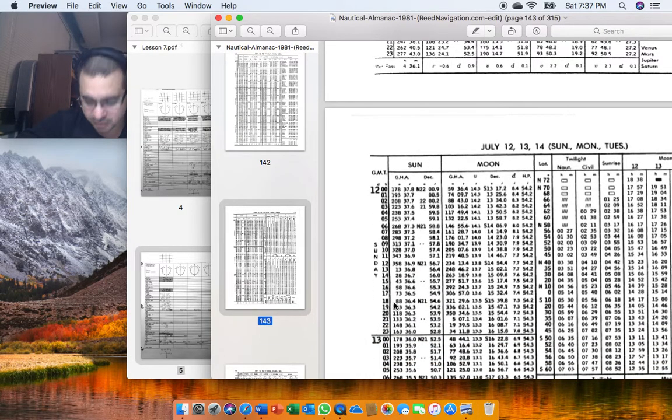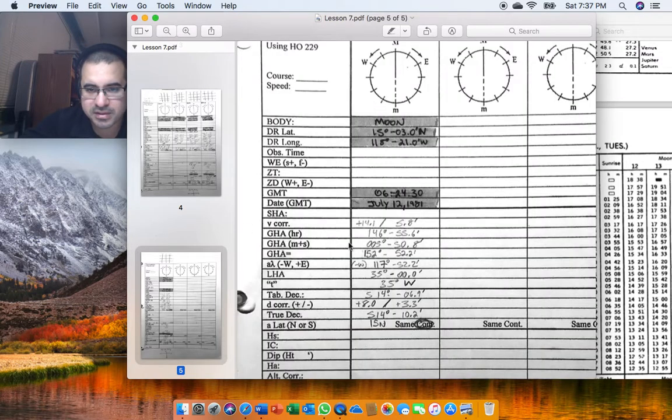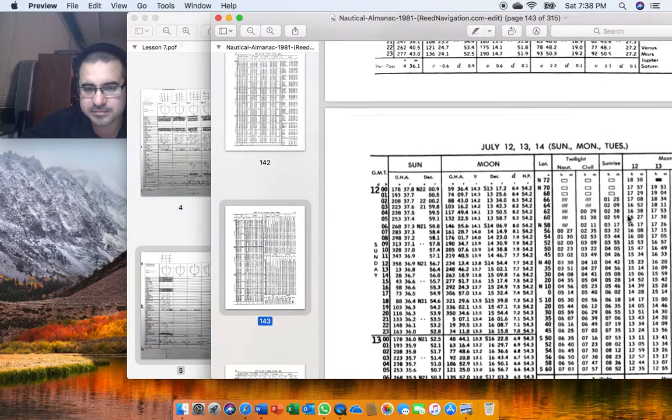The V correction doesn't change. Then we get our declination. It is 6 south, 14.69 south, 14.6.9.